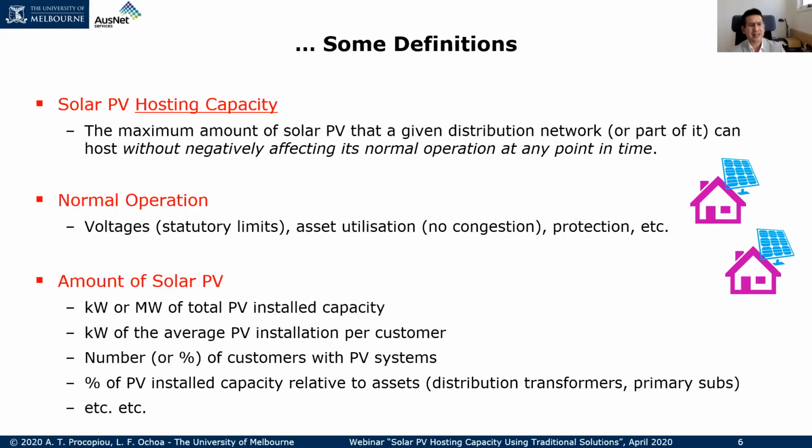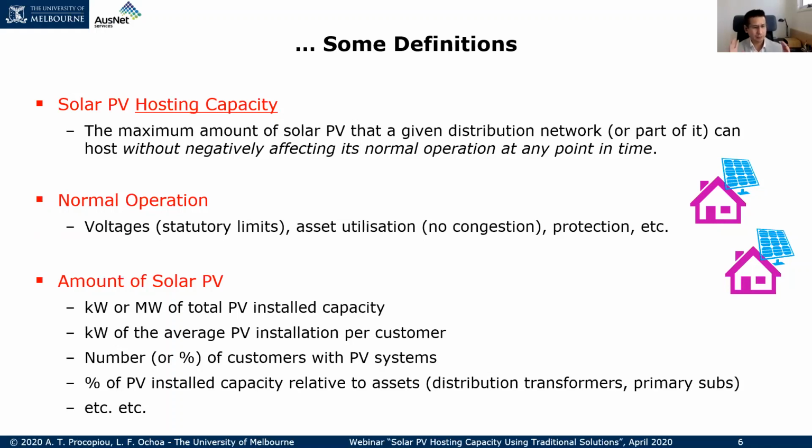Now, in terms of the amount of solar photovoltaics, there are different ways of considering this. It could be the kilowatts of a given network or the megawatts that are all installed in that particular area. But what we are going to use throughout this particular webinar and in all of our reports corresponds to the percentage of customers with photovoltaic systems.